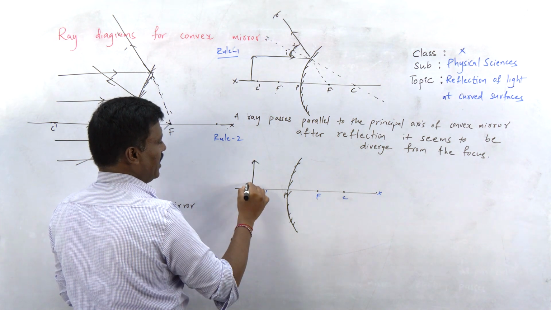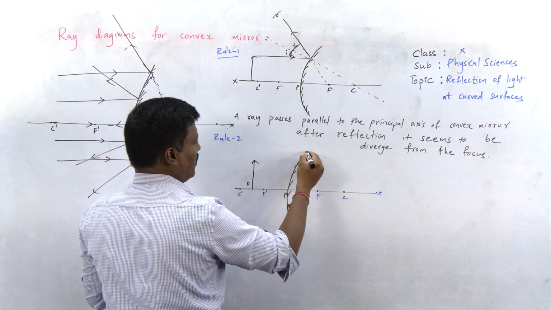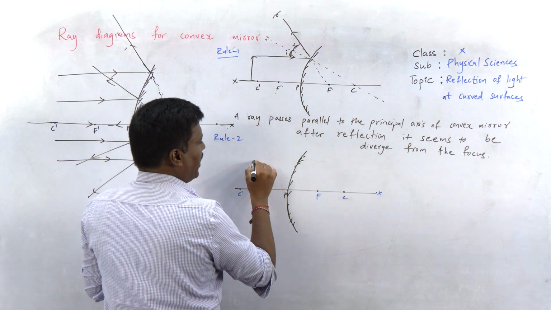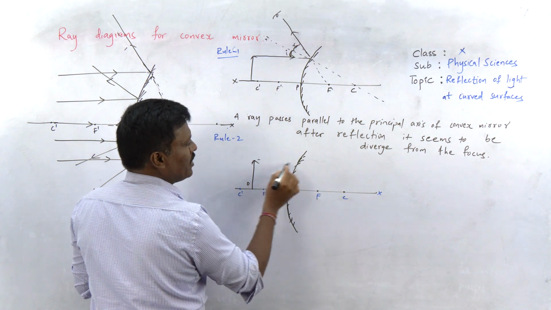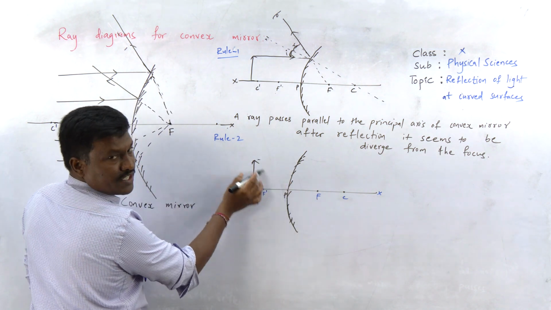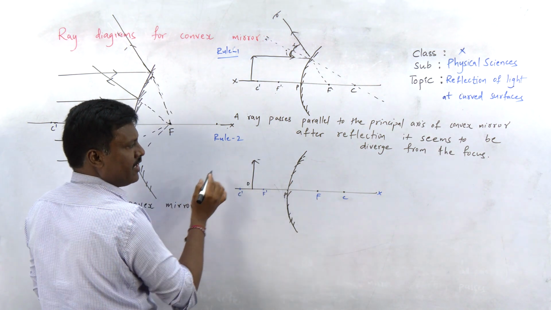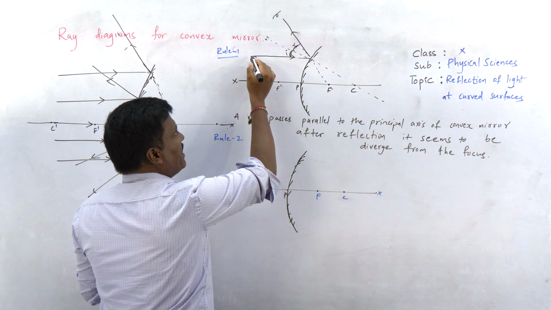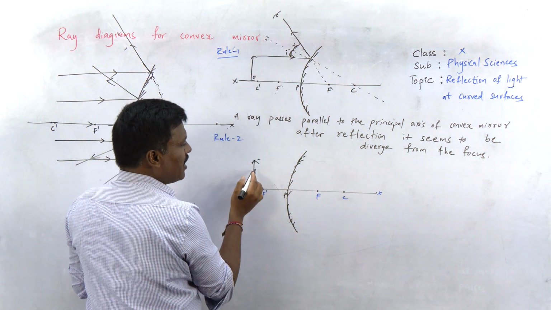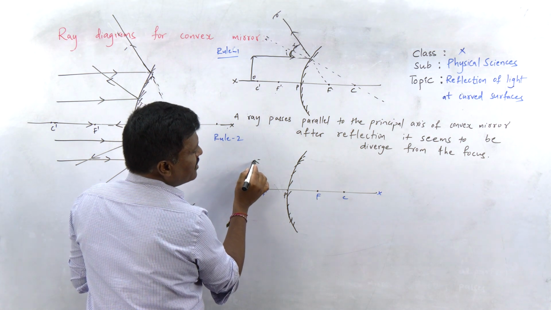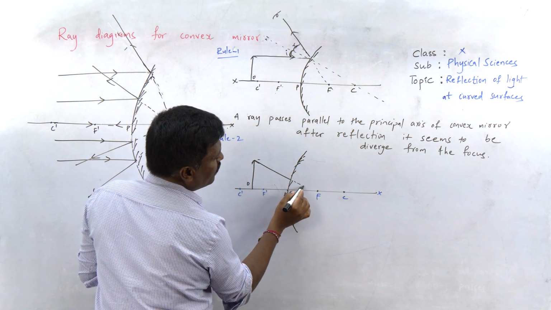Here this is my object, right? From the tip of the object, infinite light rays are going to be incident on the mirror. Among those, previously we took the ray parallel to the principal axis. Now we are taking a ray that seems to pass through the focus.